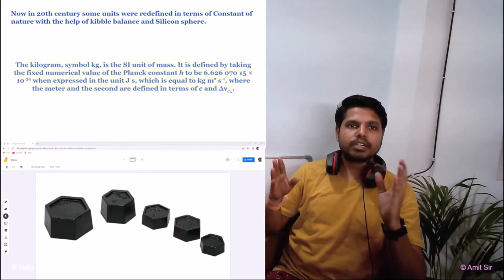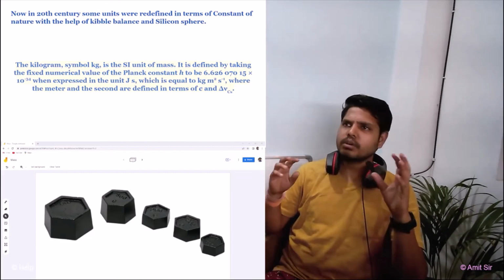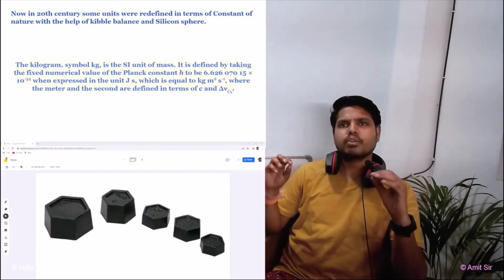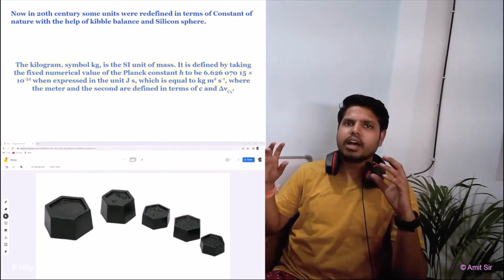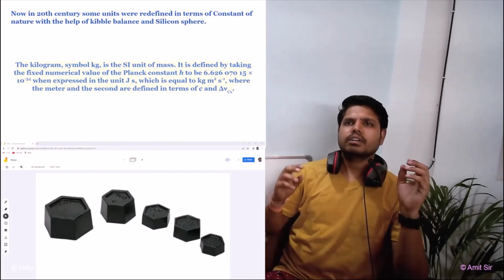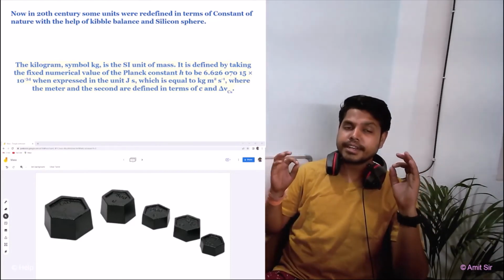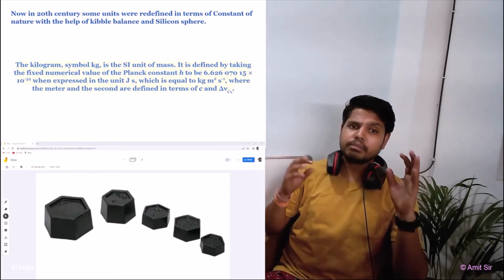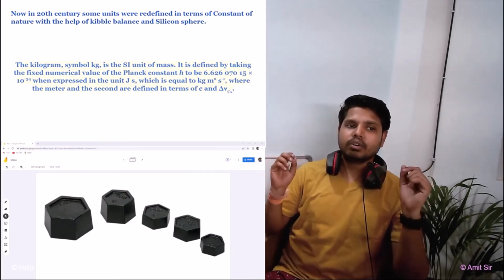Some more knowledge has to be gained, so we are not looking at it now, but these constants of nature are being found with great accuracy with the help of the Kibble balance and silicon sphere.